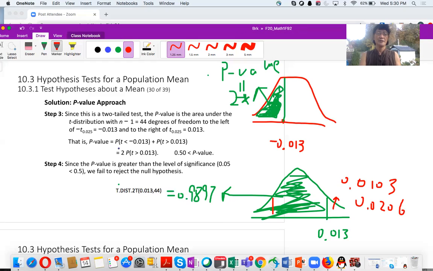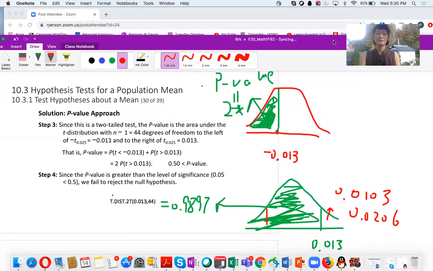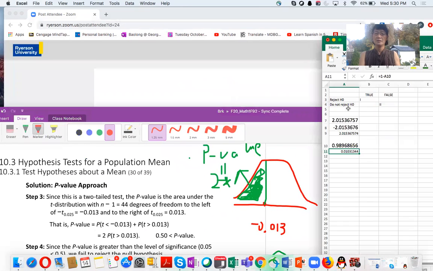Okay, p-value. I don't have the table in front of me. P-values, this one, T distribution, 0.013.